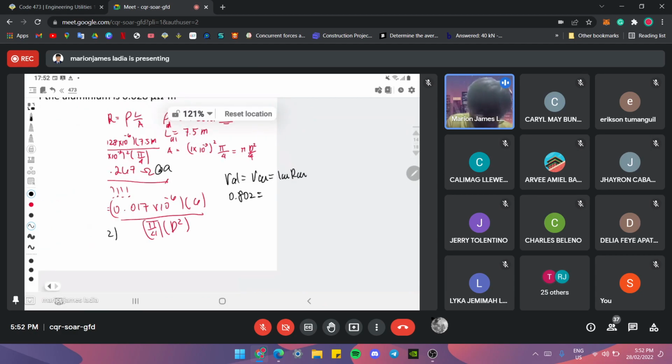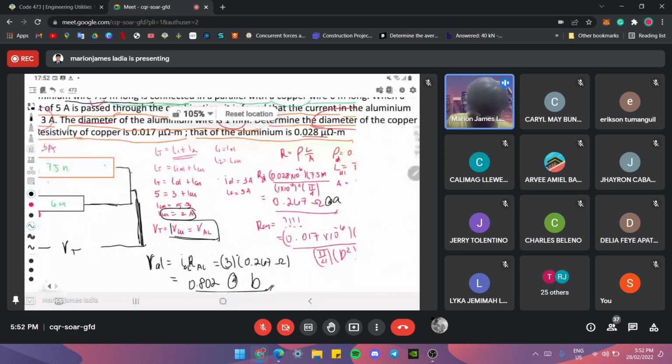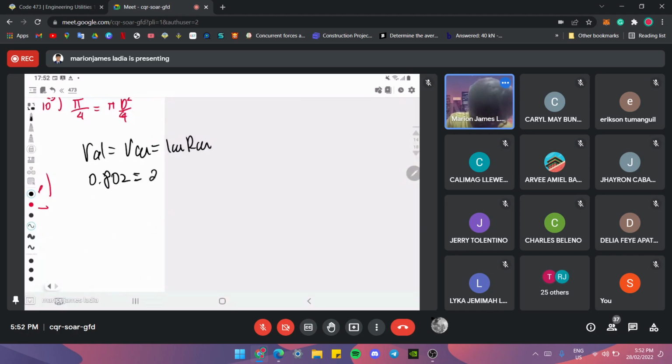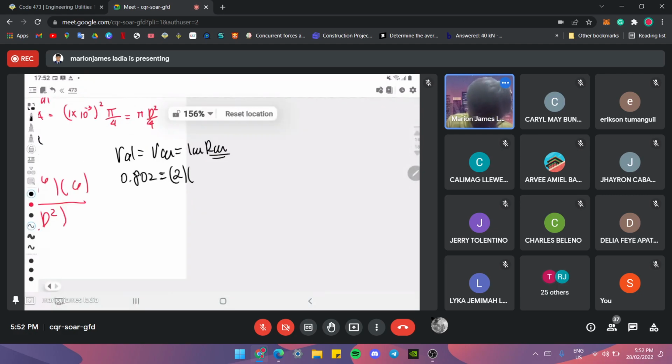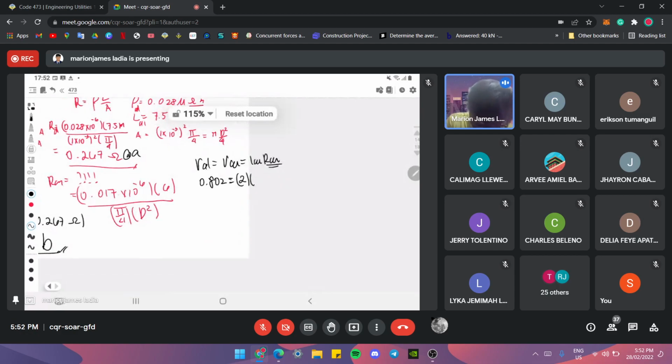I have initiated my I copper kanina, which is equal to ito, 2 ampere. So 2 ampere multiplied by my R copper. So ano yung R copper ko? Ito yung unknown. Pero, in-initiate ko kanina that this is equal to 0.017 multiplied by 10 raised to negative 6 multiplied by yung length natin all over pi over 4 multiplied by d squared.